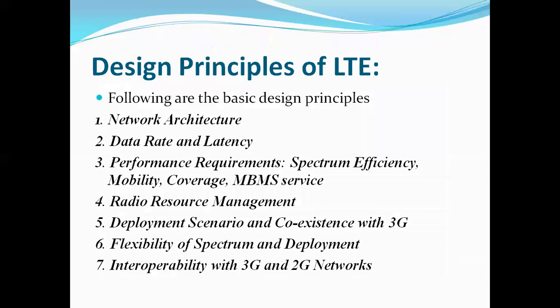The basic design principles for the LTE specifications include network architecture, data rate and latency, and performance requirements, and this will cover spectrum efficiency, mobility, coverage, and MBMS service. The fourth one is radio resource management, then deployment scenario and coexistence with 3G networks, flexibility of spectrum and deployment. The seventh one is interoperability with 3G and 2G networks. We'll see one by one.